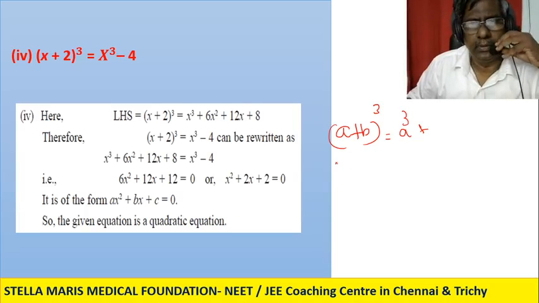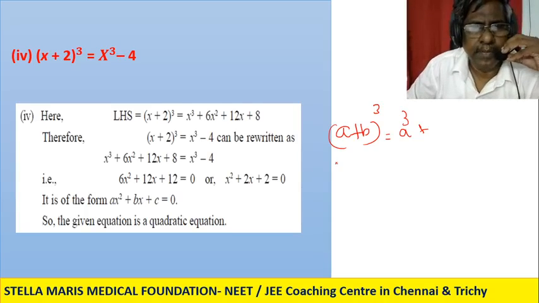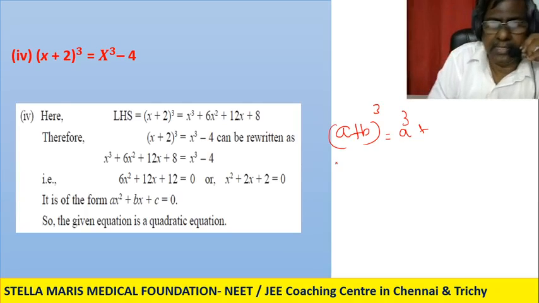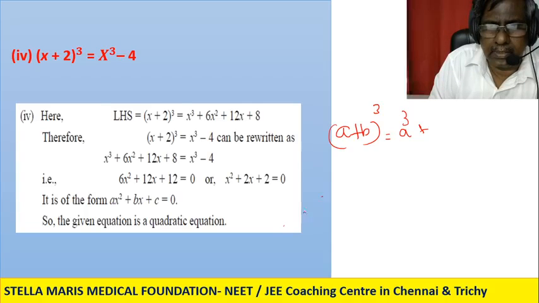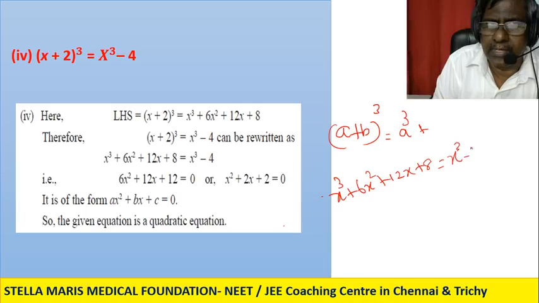Okay. Now tell me this. So it will be 6x square. This x cube will get cancelled. See, I'll write here. This one, x cube plus 6x square plus 12x plus 8 is equal to x cube minus 4.